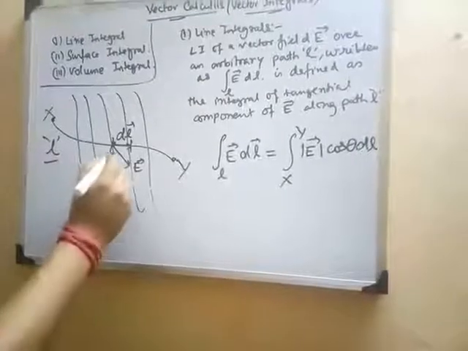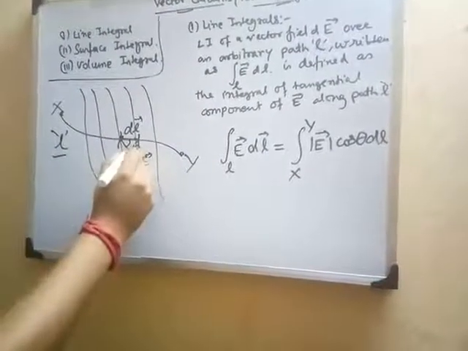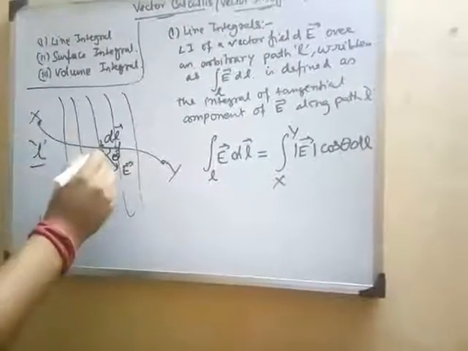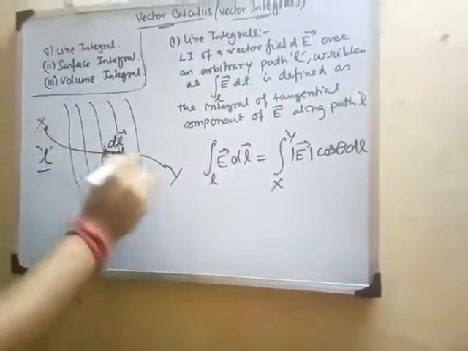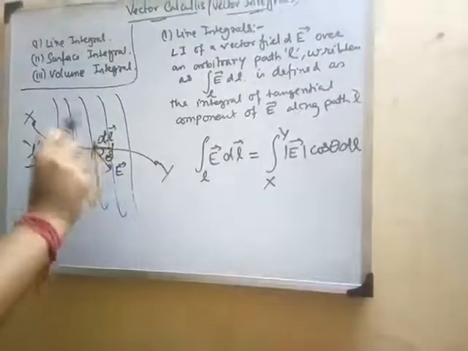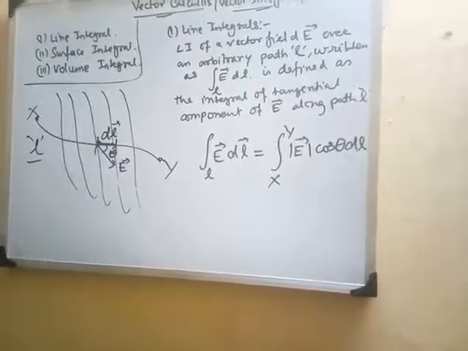Theta is the angle subtended by this dl with the vector E, any vector E. So this is the line xy, and this is the vector E. So the angle between the line and the vector E is your theta.